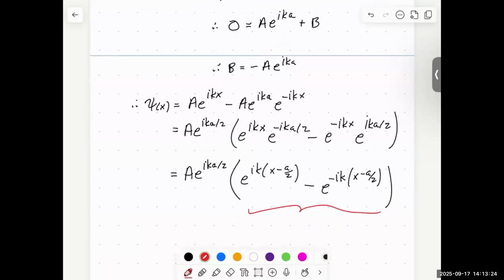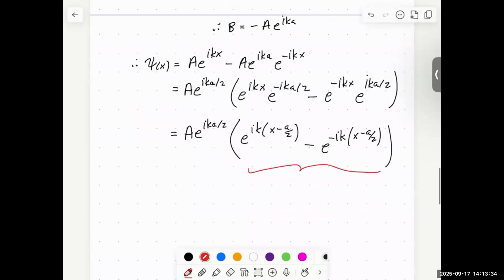How can I write this in a simpler way? I have e to the ix minus e to the minus ix. That's like a sine function, right? I believe this is just 2i sine of x minus a by 2. Sorry, I forgot my k.